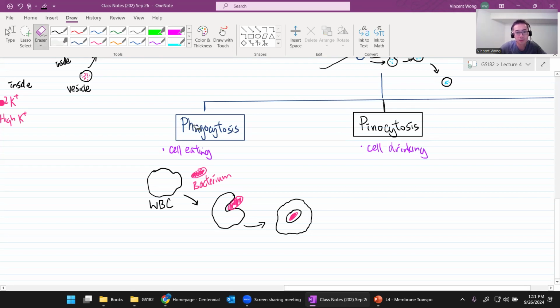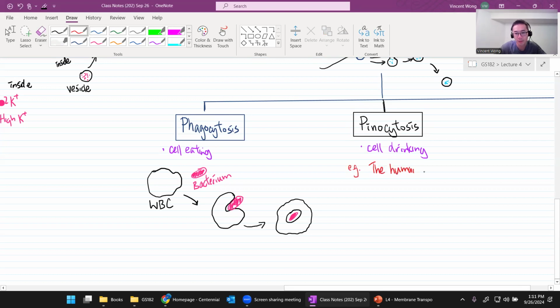Cytosis is cell, phago is eat, pino is drink. In cell drinking, instead of bringing in something solid like a bacterium, the cell is just bringing in fluid for the most part.